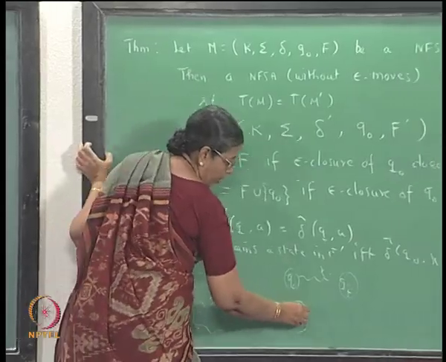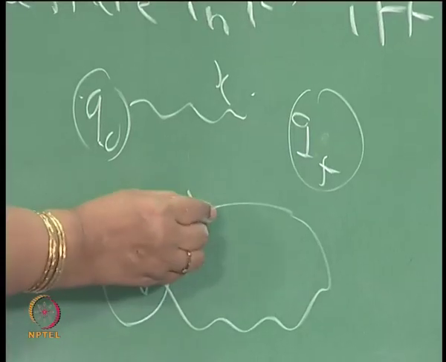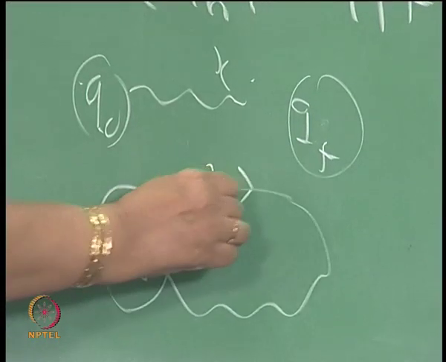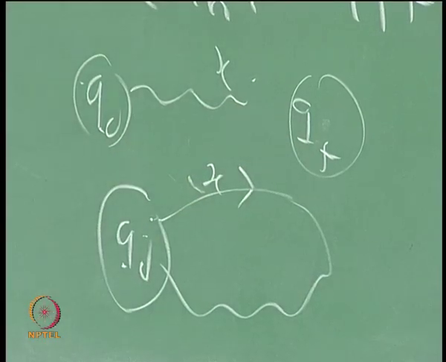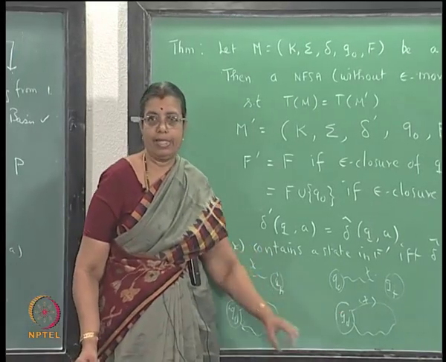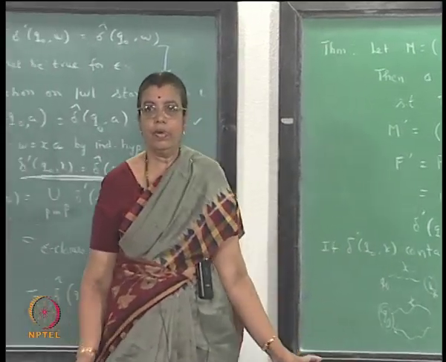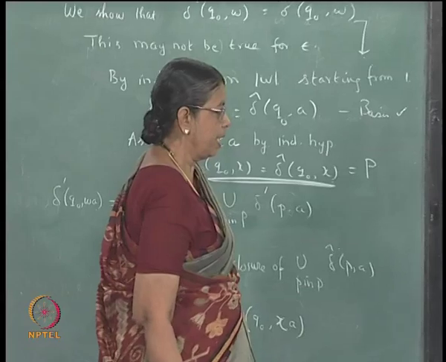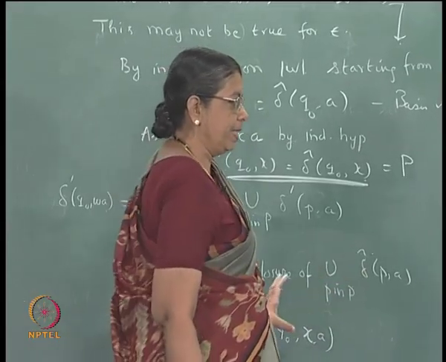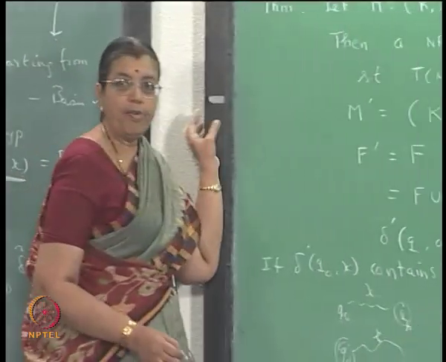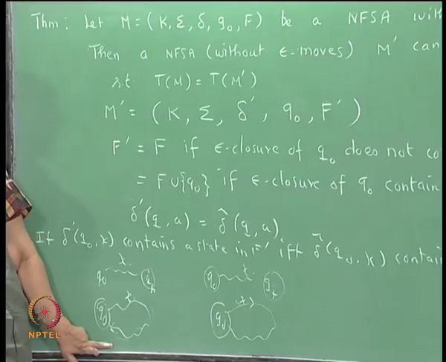Here also by going here, you will be able to go from q naught to q naught, but here q naught is not a final state, right. This particular case you have to distinguish, and in that case what happens is, how did you make q naught a final state?